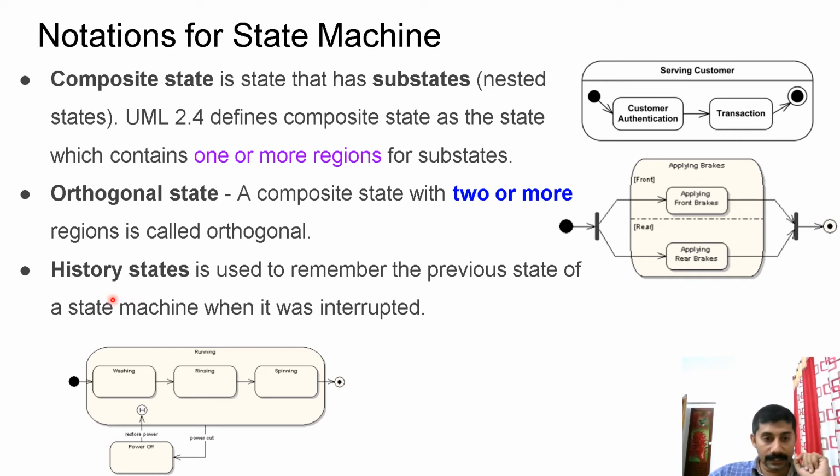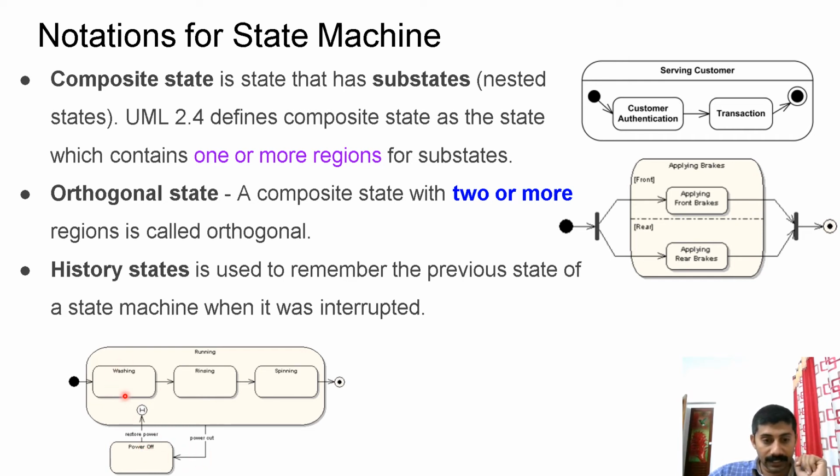Next thing is history state, which is used to remember the previous state of a state machine when it was interrupted. See here, you can see the state machine for a washing machine. In a washing machine, during the time of execution, power failure can happen. If a power failure happens, when the power comes back, the washing machine can start the previously interrupted activity.